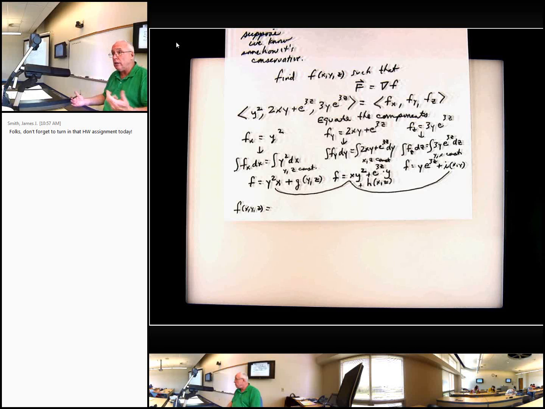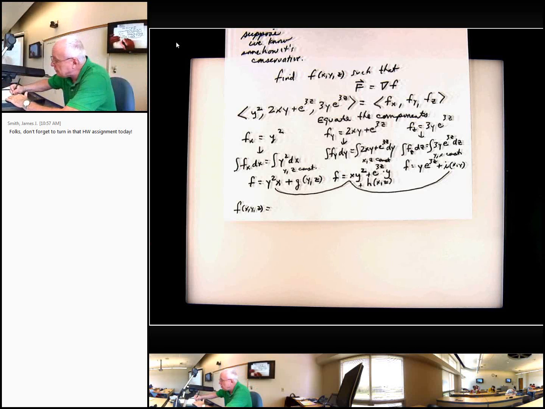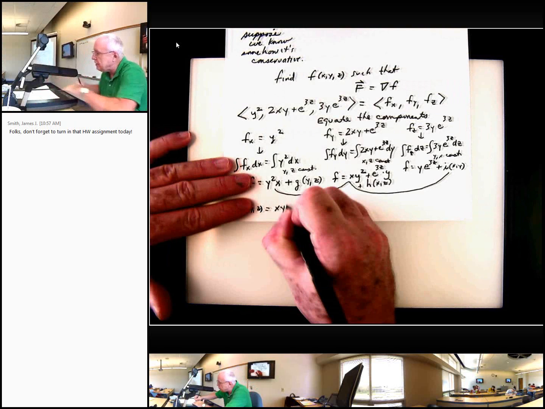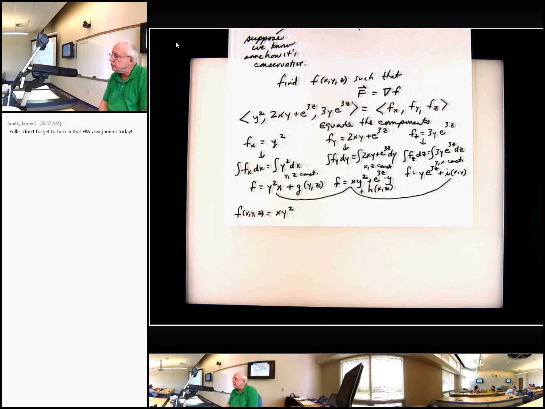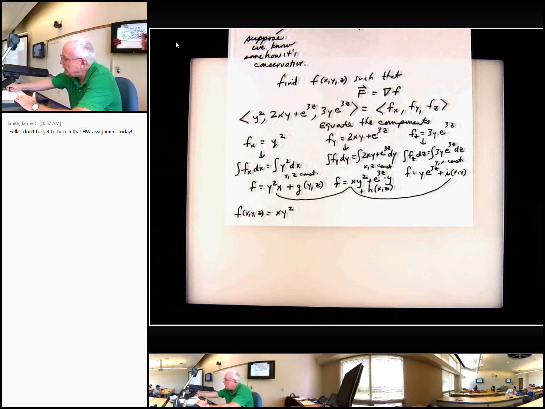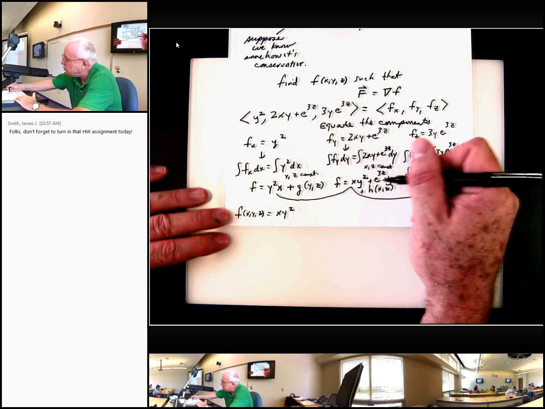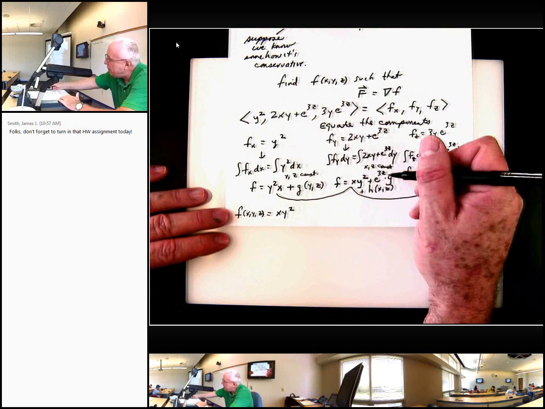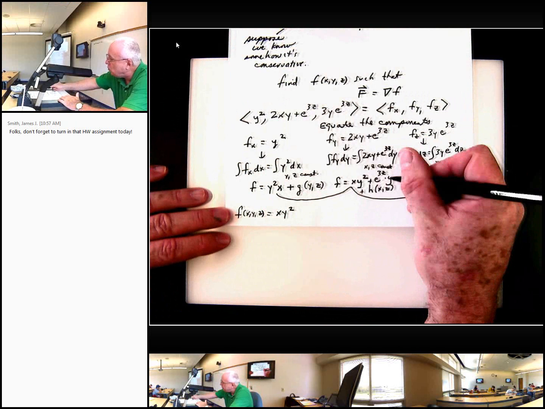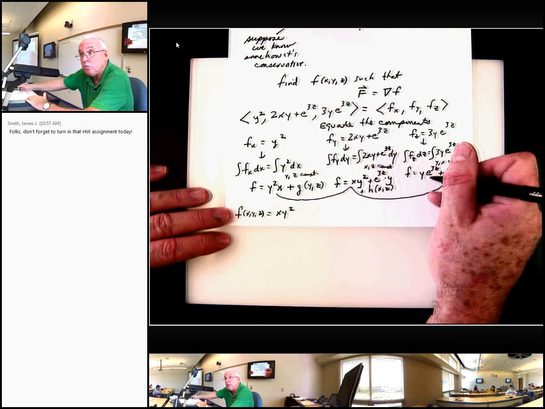All right, these all equal each other. So let's start, so our first term, let's write it as x y squared. Now let's look at what else we have here. In the second one, we have this y times e to the 3z, and we have it for the second one, and we have it again for the third one.